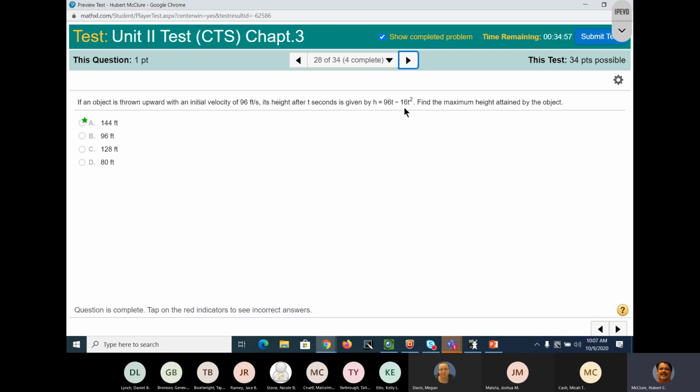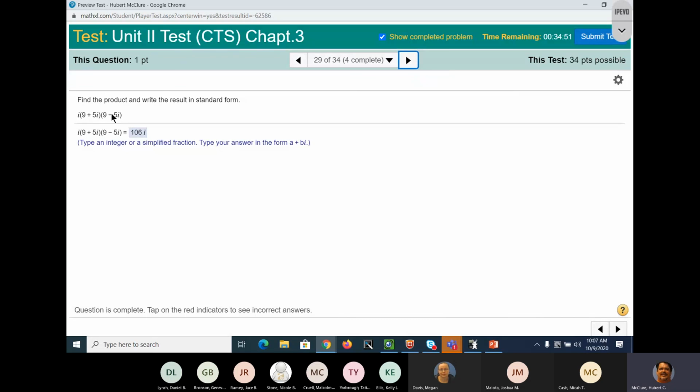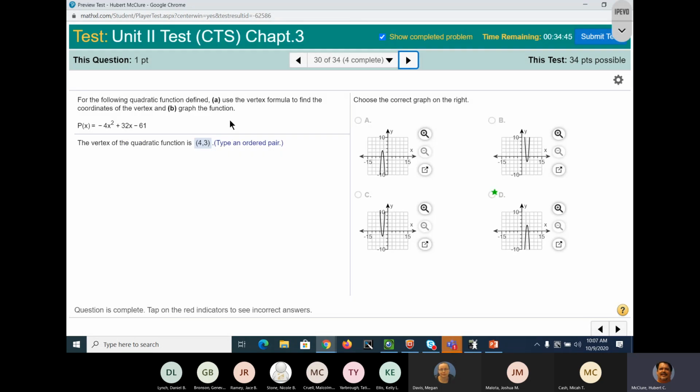That's the same type question. Find the vertex. This one is shortcut number 2, and then distribute. This one is multiple choice. You know it's negative, so it's not this one, and it's not this one.